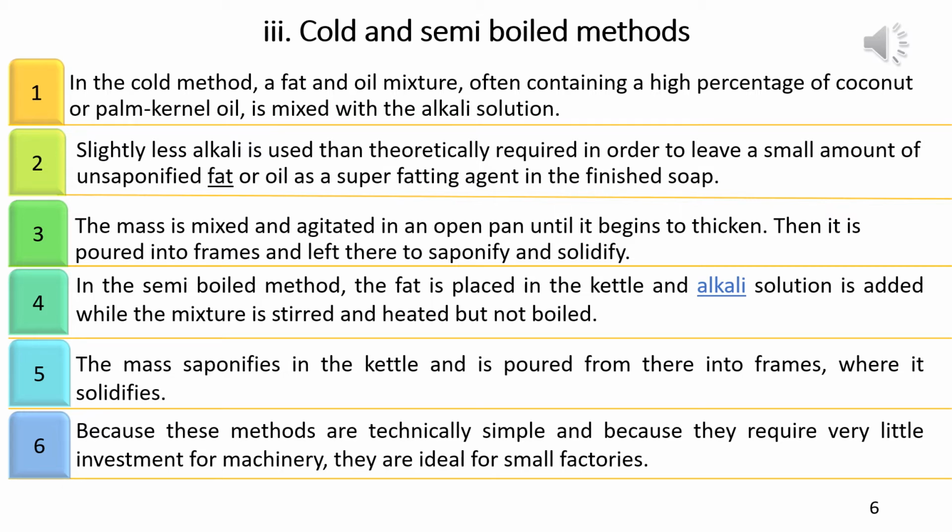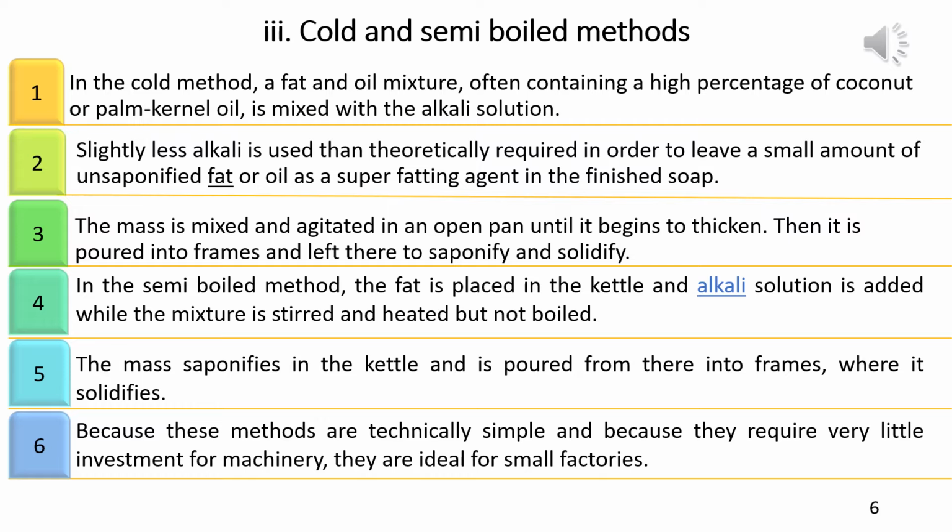When this mass is thickened, then it is poured into the frame and it remains in the frame until it begins to saponify and is converted into the solid form, or it is solidified.